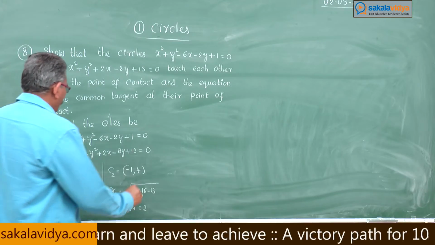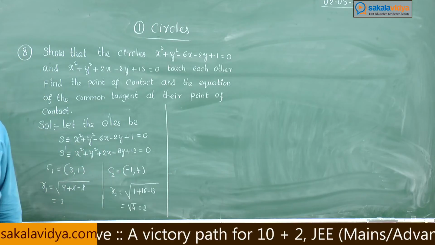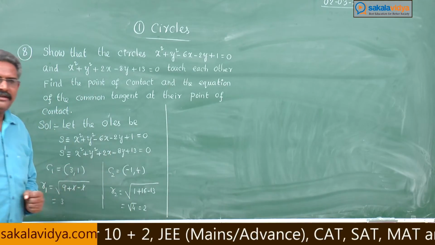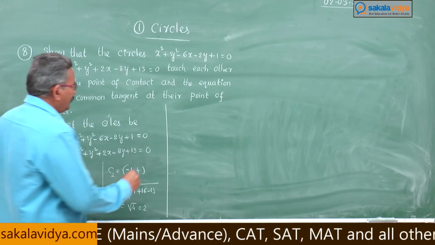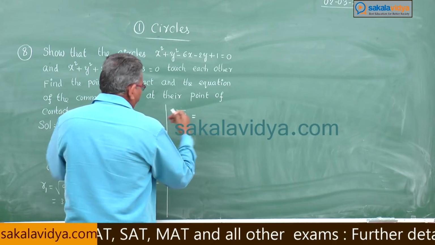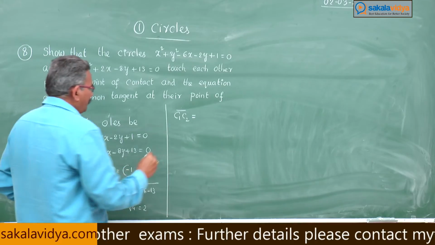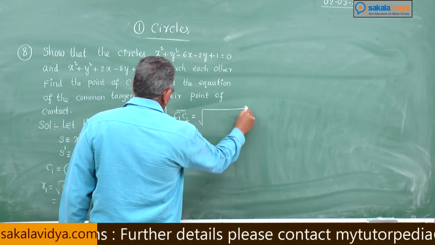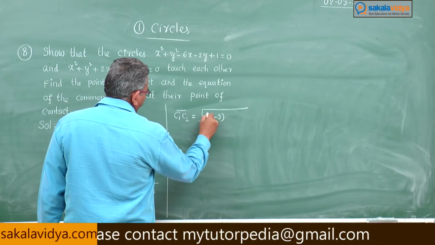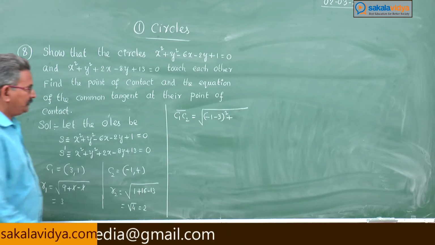Now, we have to find out the distance between the centers. So, let us find the distance between C1 and C2, that is C1C2, the length of the line segment joining C1 and C2, which is given by root of (minus 1 minus 3) whole square plus (4 minus 1) whole square.